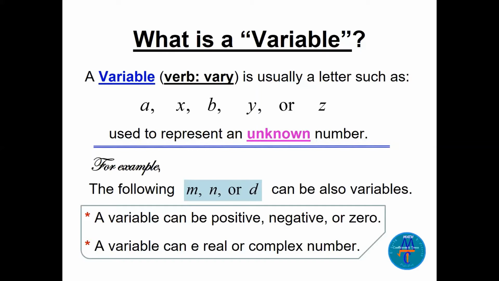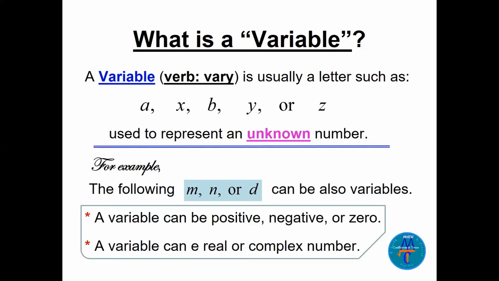This is the same meaning as unknown, something unknown. So when we say X, it represents something, some number. So this number can be positive, can be negative, can be 0. It's a variable. We can use any letter we have, M or N or D, also variables. We can say A1, A sub 1, A sub 2, A sub 3. So we can put as many variables as we like.